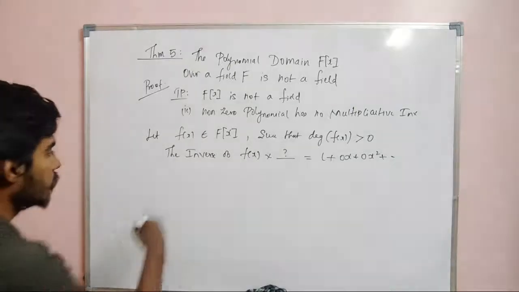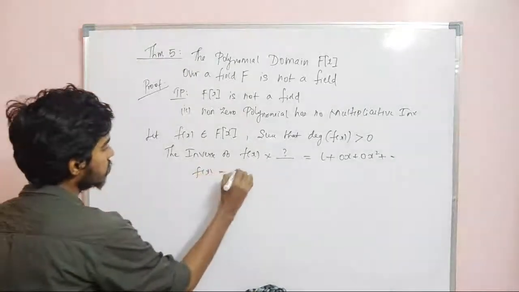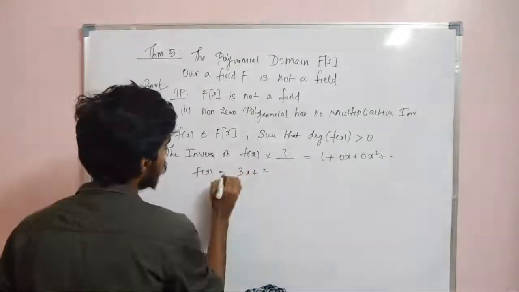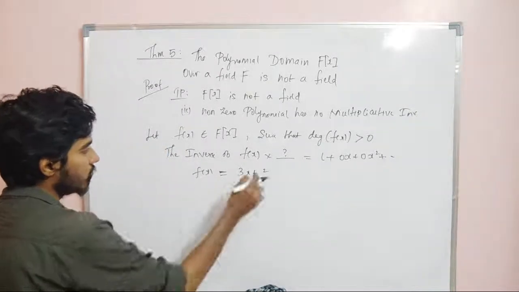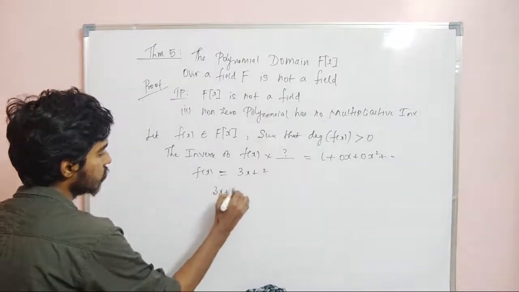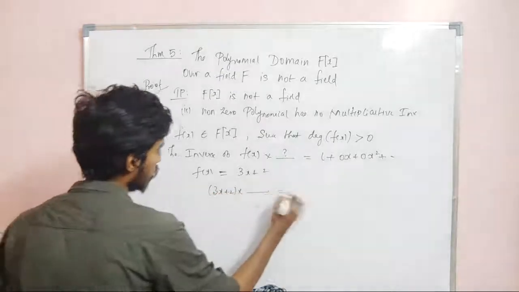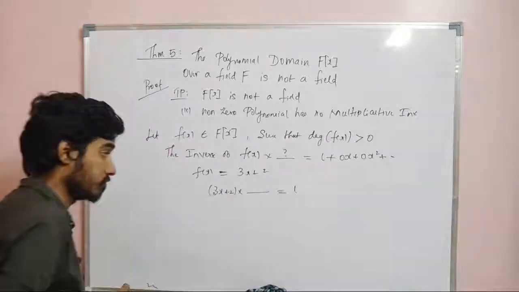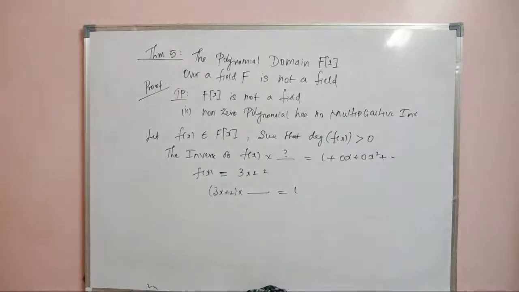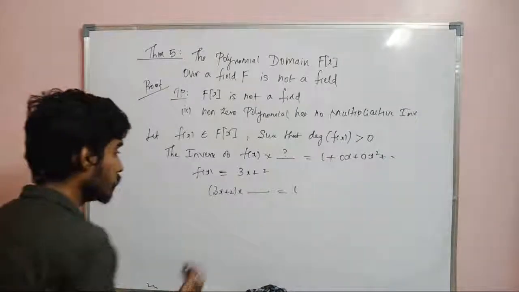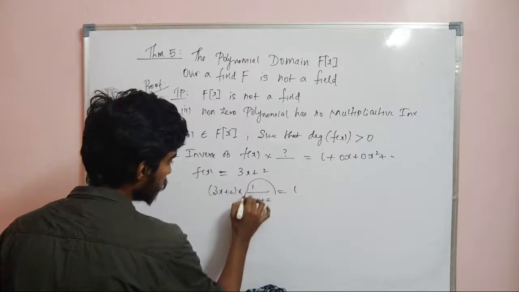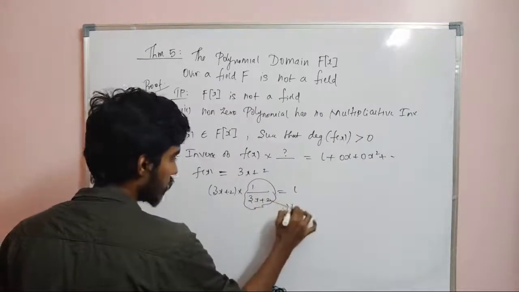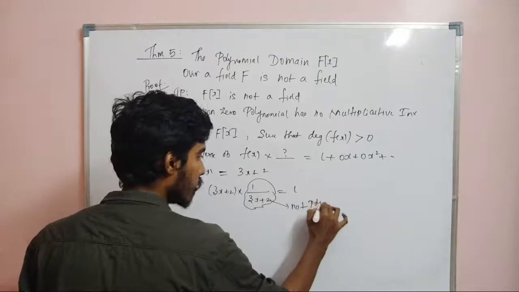For example, if I take f(x) equal to 3x plus 2, then 3x plus 2 times something, you have to get 1. So this polynomial has to be 1 by (3x plus 2), but this is not a polynomial. Why?